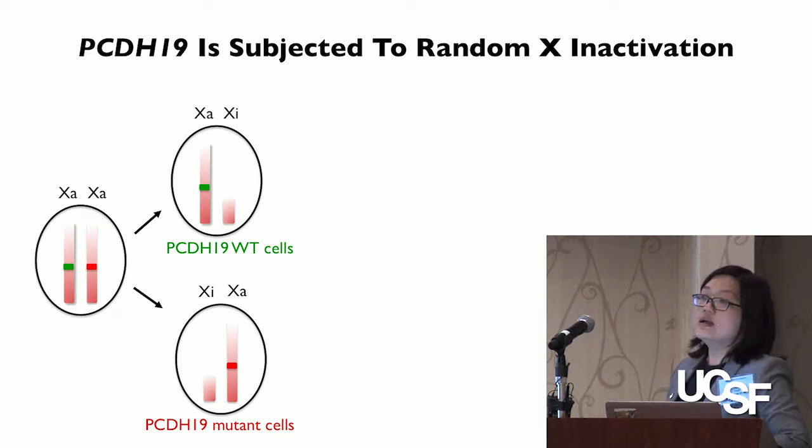This selection process is random. When the mutant has been inactivated, you have one cell type with PCDH19 wild type cells. And in contrast, if the wild type chromosome is inactivated, then there will be PCDH19 mutant cells containing PCDH19 mutant proteins.